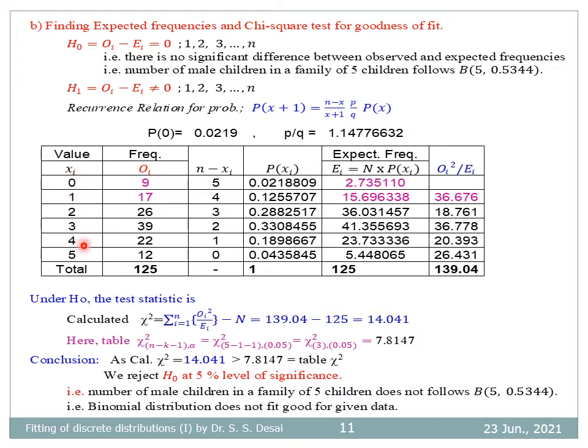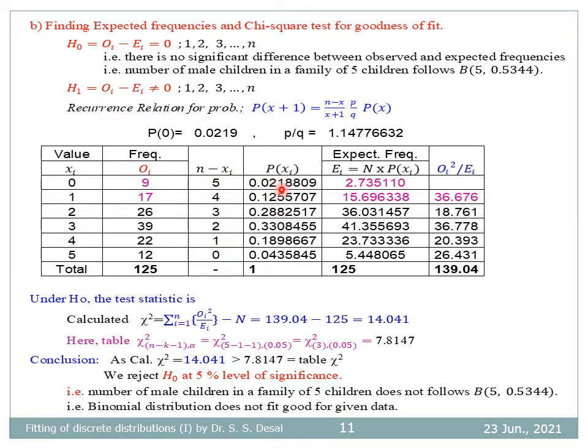So these are the values of variable x, 6 values, 0 to 5. These are the observed frequencies. Sum of frequencies is 120. And this column is for using this recurrence relation, n minus x.